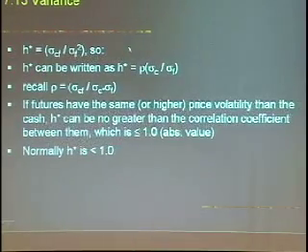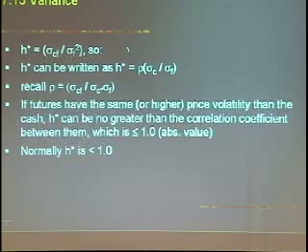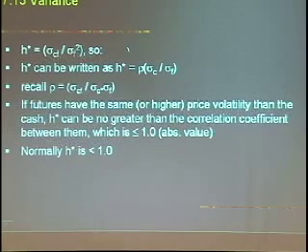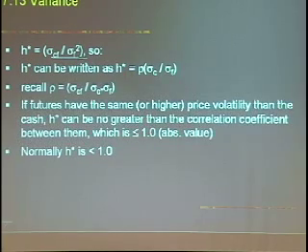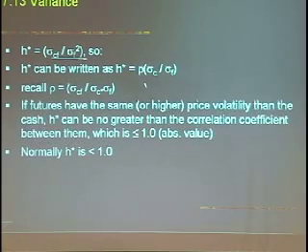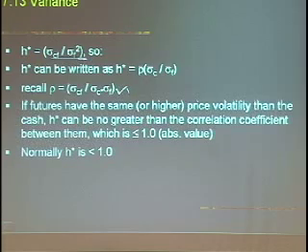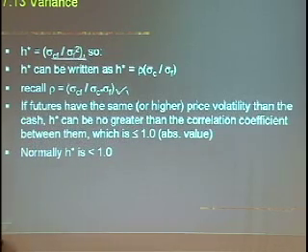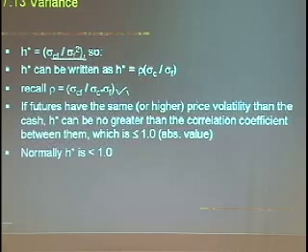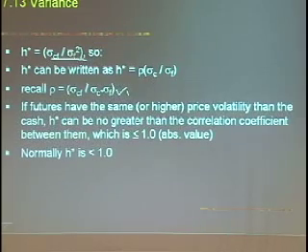Conceptually, I think it's easier to think of the optimal hedge as something other than the slope coefficient. So this was our optimal hedge, the covariance divided by the variance of futures. And if you remember from statistics, the correlation coefficient between cash and futures ranges between +1 and -1, right? The correlation coefficient measures the extent to which futures and cash move together.